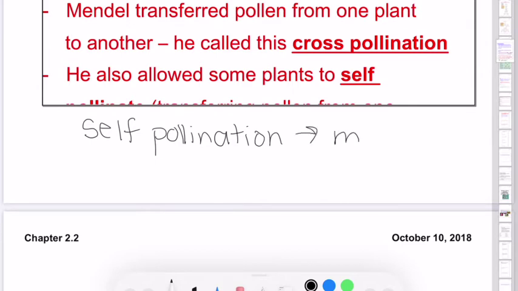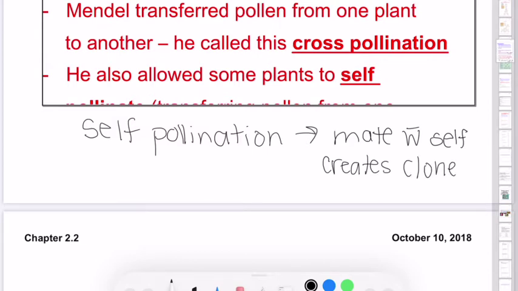You mate with yourself. And basically what that does is it creates a clone. Because you're going to only pass on the genes that you have to your offspring, so self-pollination would create an exact copy.